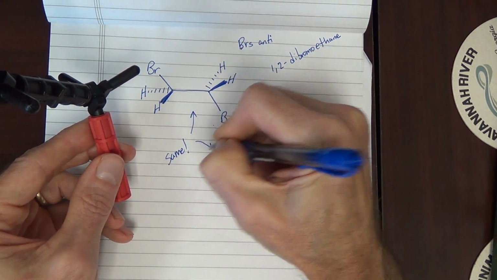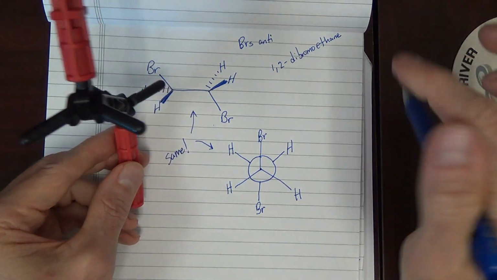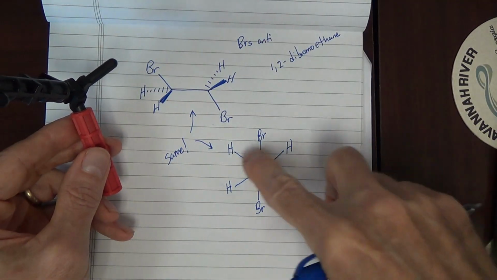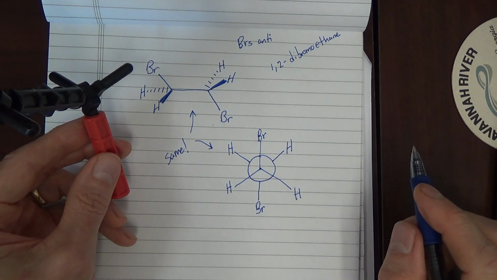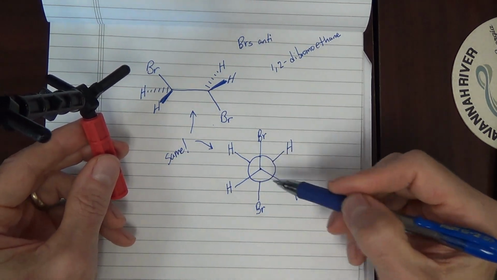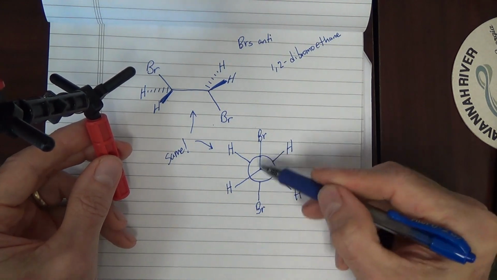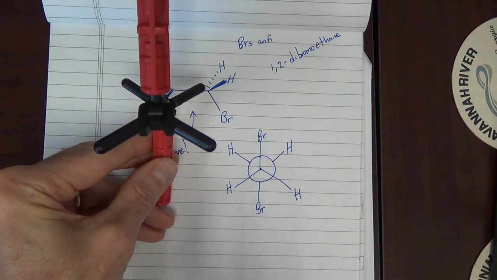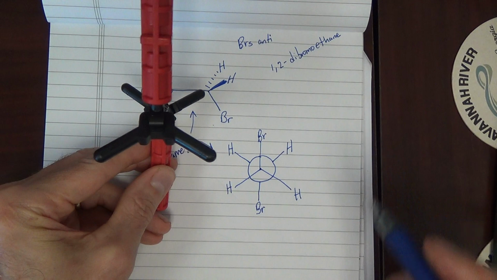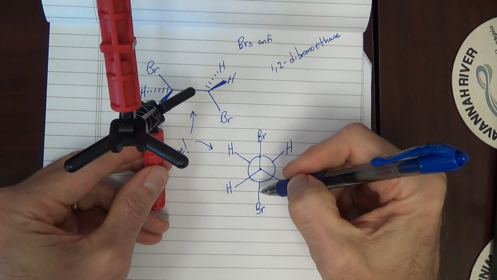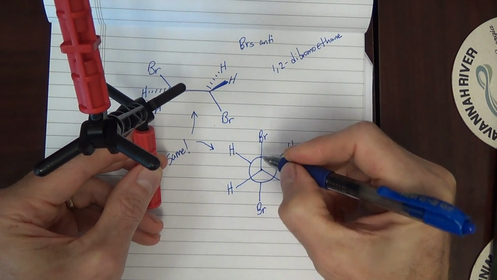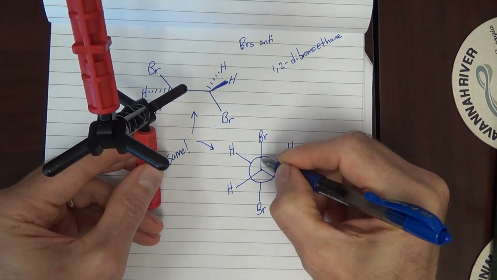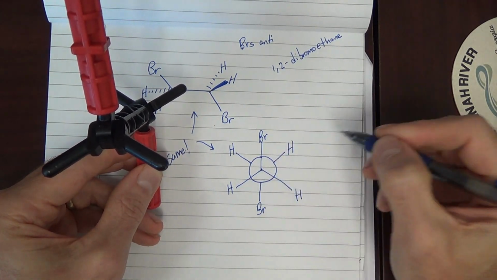Same exact compounds, drawn in two different ways, a perspective drawing and then a Newman projection. Professor Newman was at Ohio State, and he came up with this way to show compounds looking down a bond because, well, there's limitations here. This gives you a different look, and it helps answer additional questions.